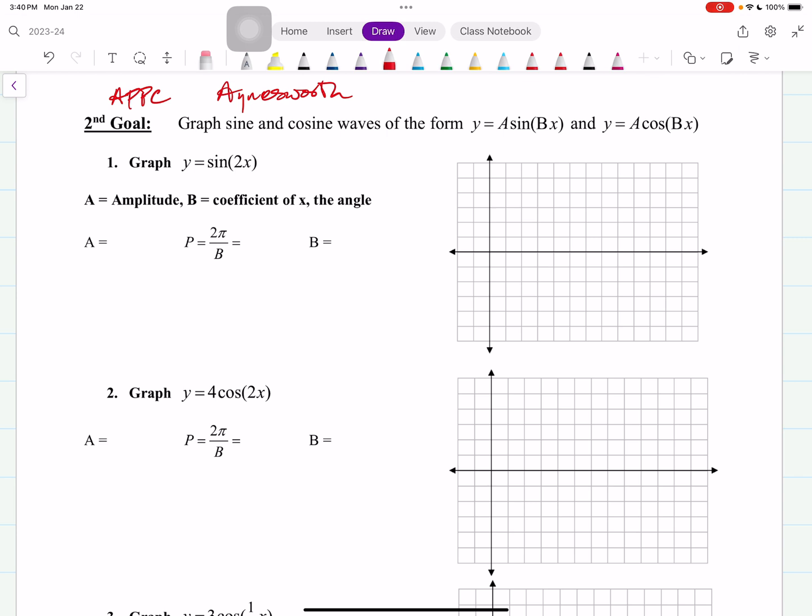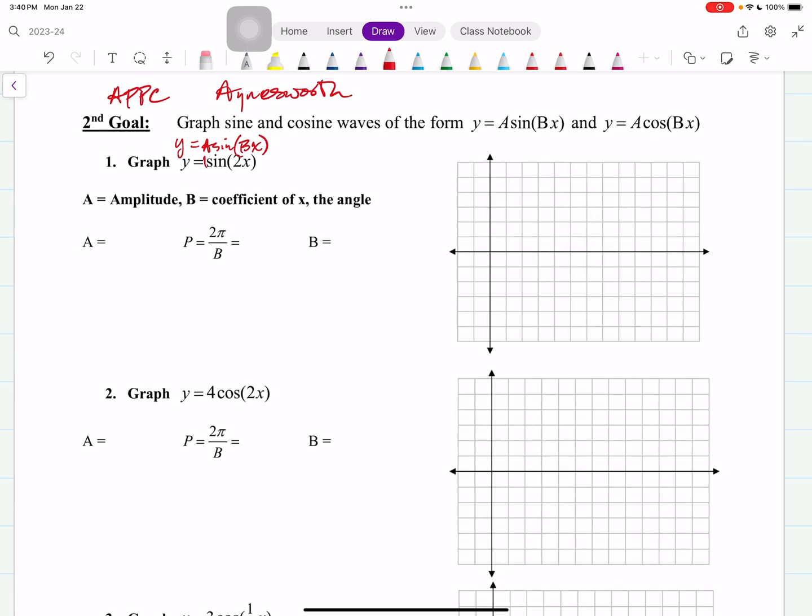So we learned in previous lessons that A affects the amplitude and B affects the period. So when we compare, actually let me do this in red. When we compare here, y is equal to A sine of bx, okay, with what's given here, y equals sine x, we notice that A, which is your amplitude, is 1.